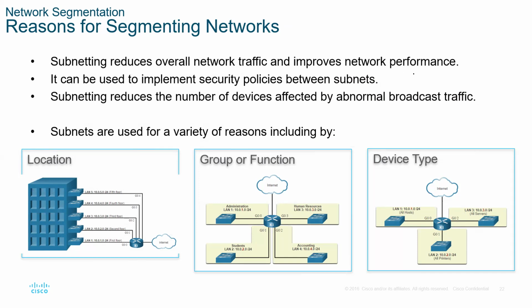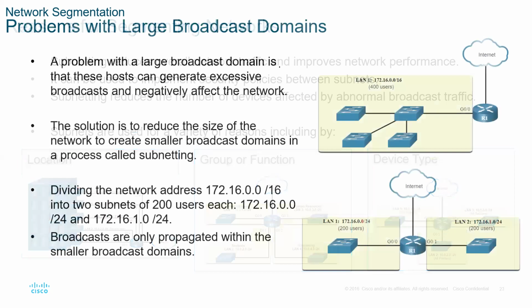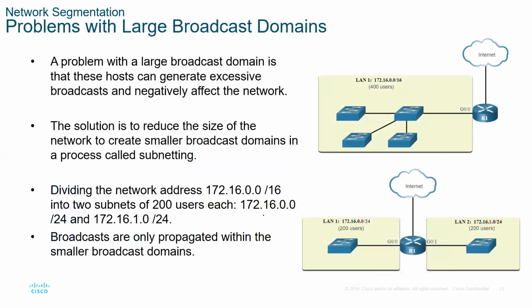It can be used to implement security policies. Let's say, in this example, security policies. How do I explain this? If I want to say people in Highfield should not get a network, it's very difficult to do it here. We have 400 users.